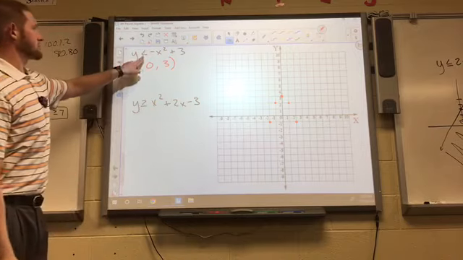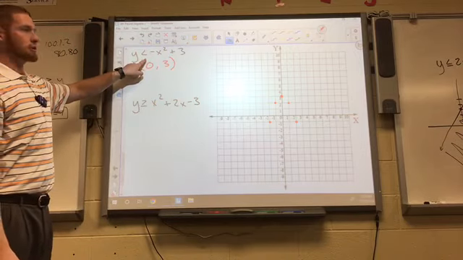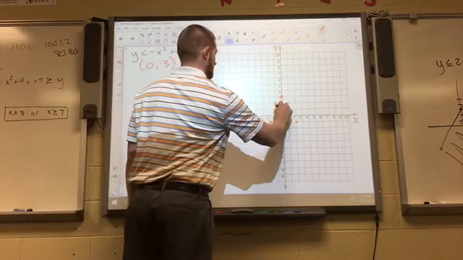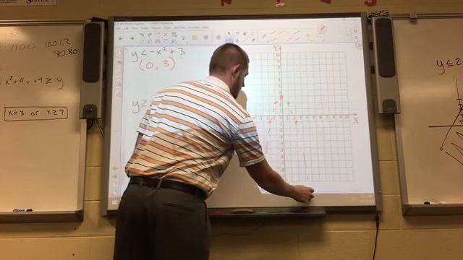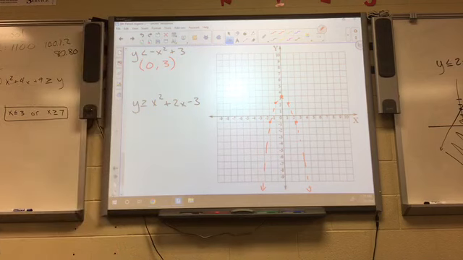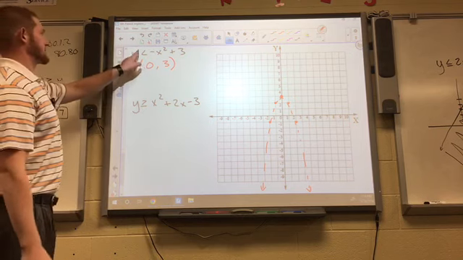Should this graph be solid or dashed? Dashed, good. That looks good. Looks great. Where do I need to shade if this says y is less?